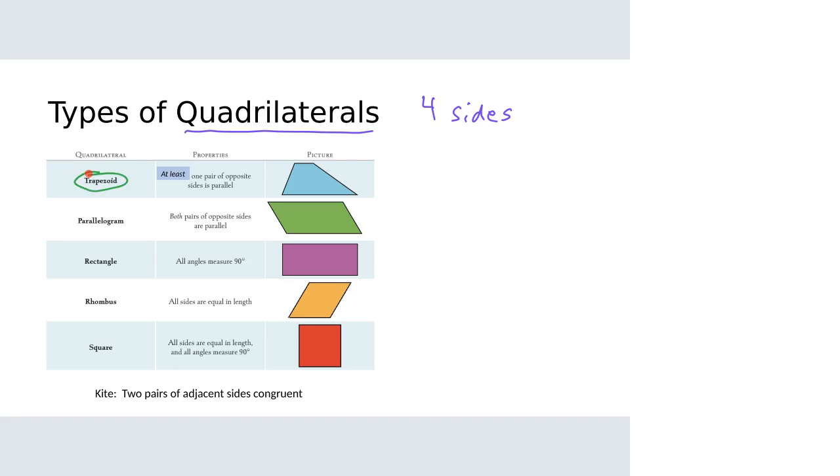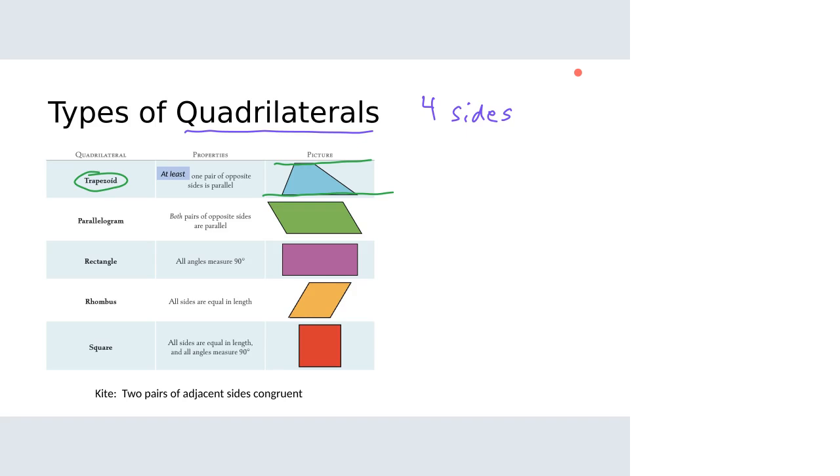In a trapezoid, at least one pair of opposite sides is parallel. So here, the top and the bottom are parallel. And that's enough to make this a trapezoid. Those 2 lines never intersect. If I were to extend them forever, the top and bottom are parallel. Now, if you look at this trapezoid, you can see that the left side and the right side are not parallel.